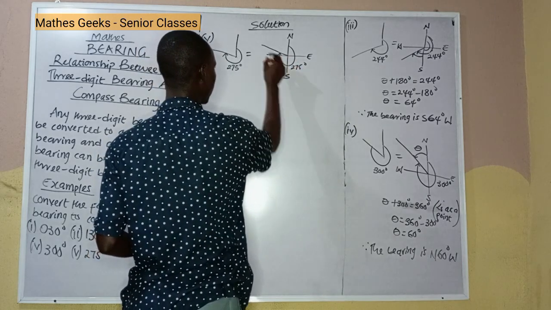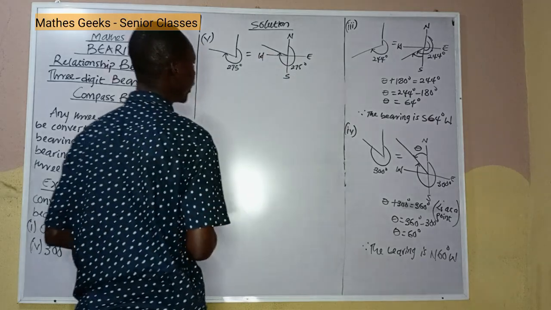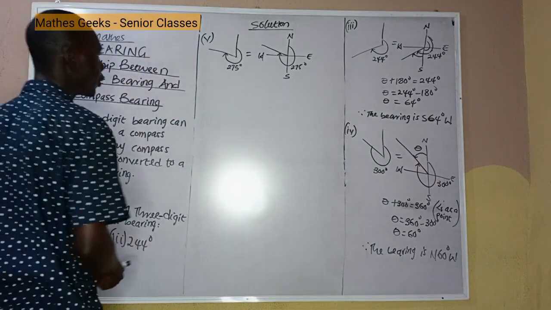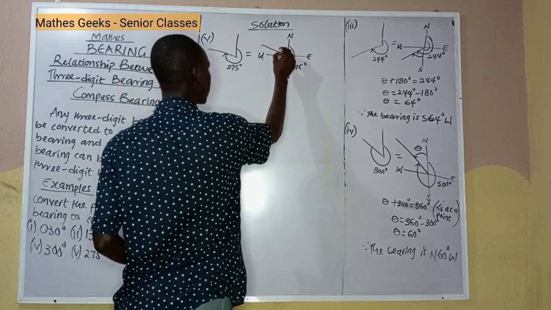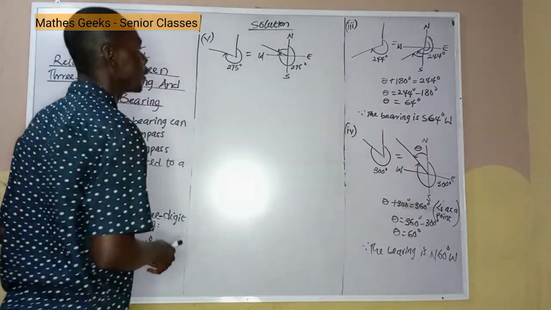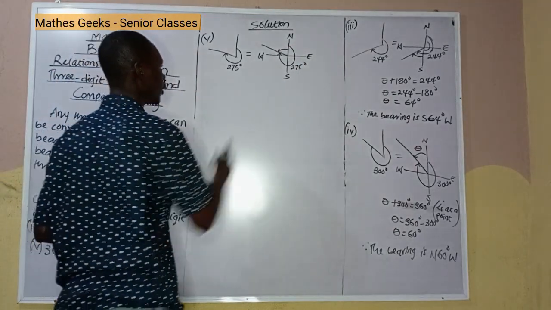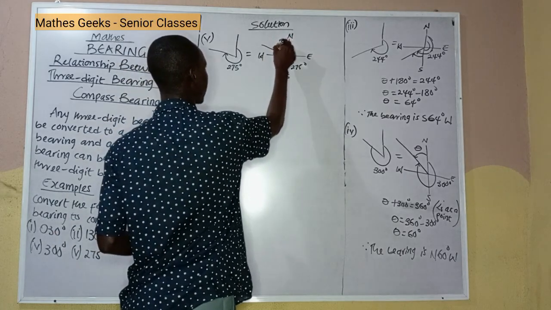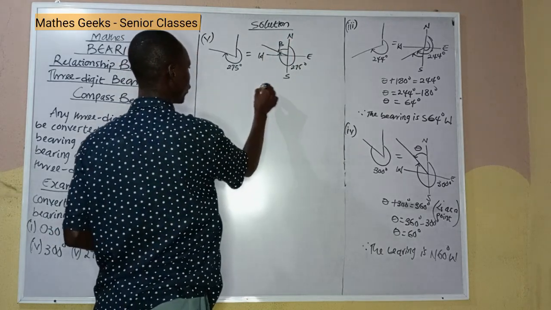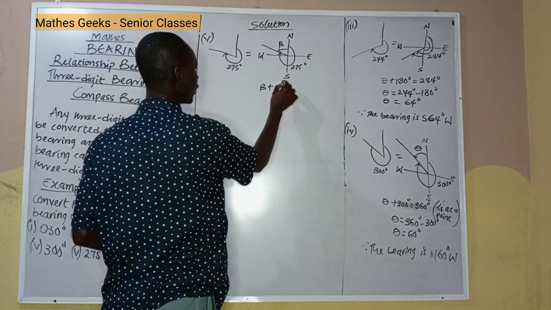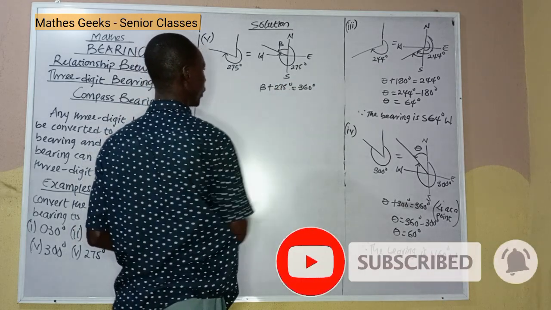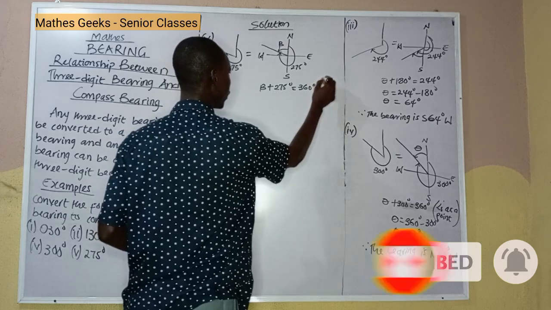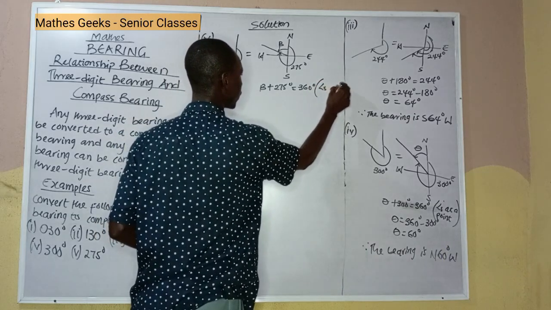Now, to get the equivalent of this in compass bearing, our measurement will start from the north pole only. So from the north pole to this line is this. What do you observe? This is angle at a point. So since it's angle at a point, let's call this beta. So beta plus 275 degrees is equal to 360 degrees. Why? Angles at a point.